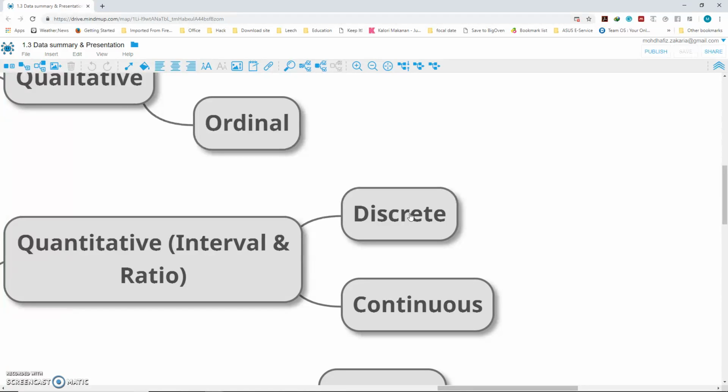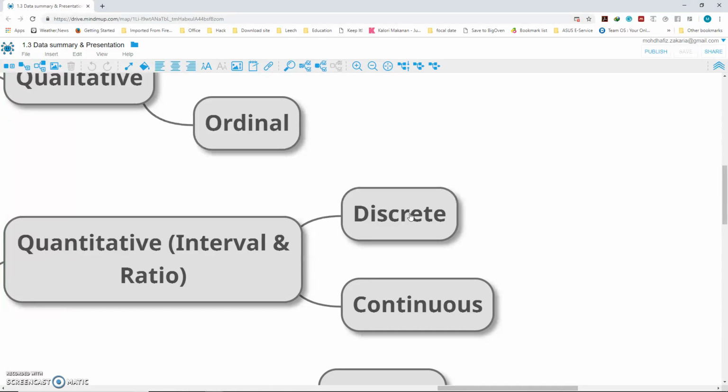In other words, any number that can only appear as a whole number, 1, 2, 3, 4, 5, and so on, is known as discrete data. Anything that can only be displayed by whole number is discrete data.